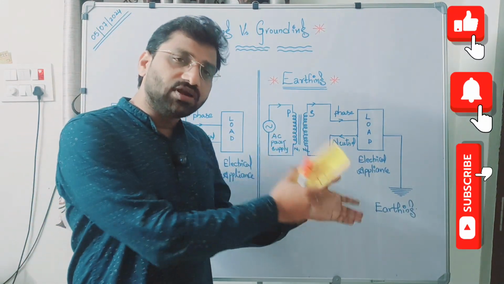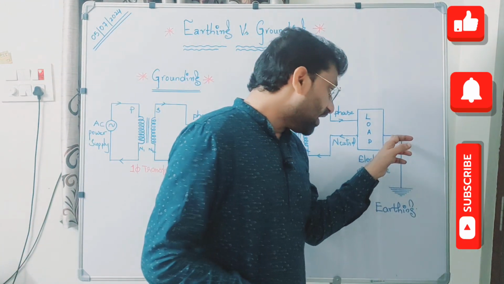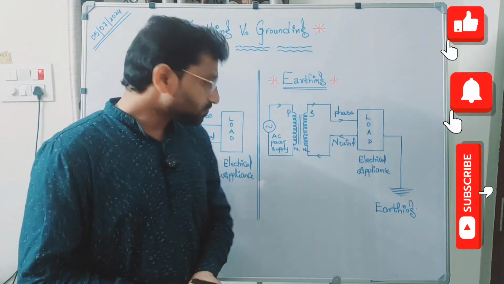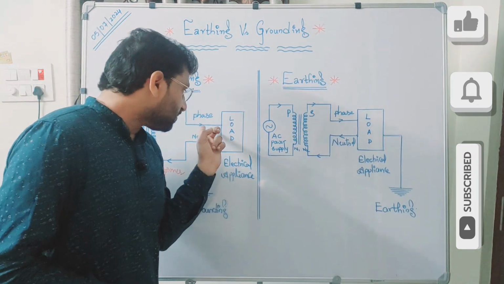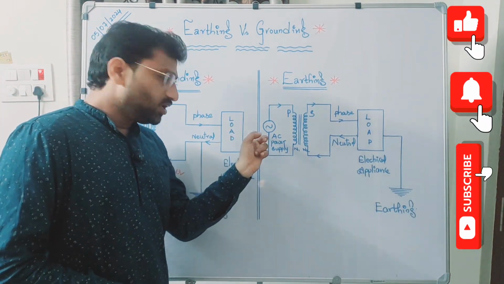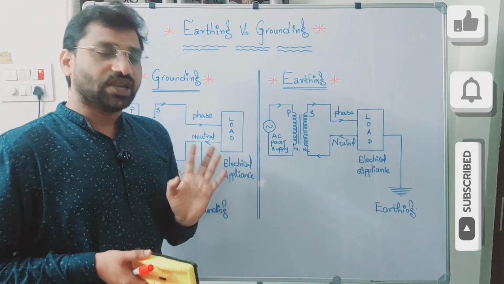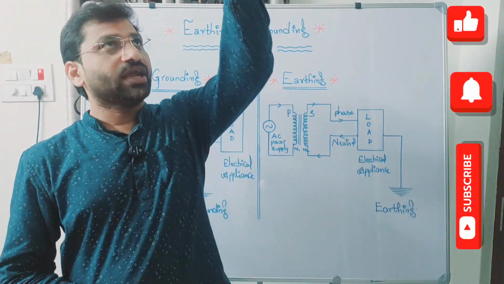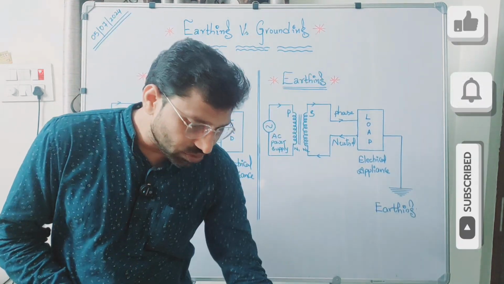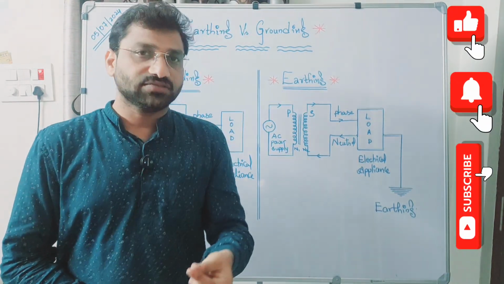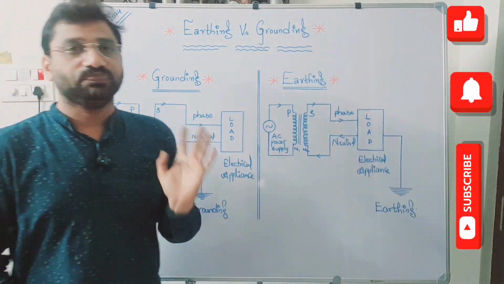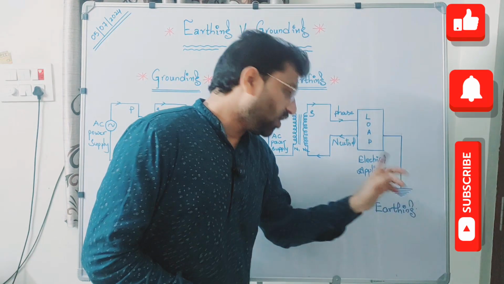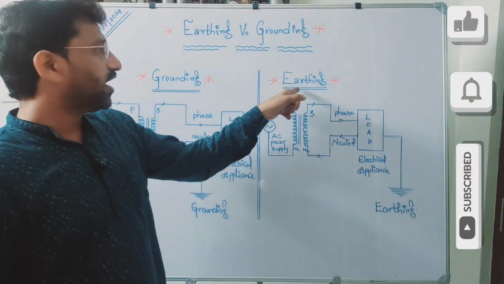The current flowing through that part of the system is zero, because it will help only when there is a fault or short circuit, which may occur very rarely. But here, as soon as the transformer is feeding the load, this always carries current. In simple terms, if you are inserting a current carrying conductor into the ground or earth, then it is termed grounding. If you are connecting a non-current carrying conductor to the ground or earth, then it is called earthing.